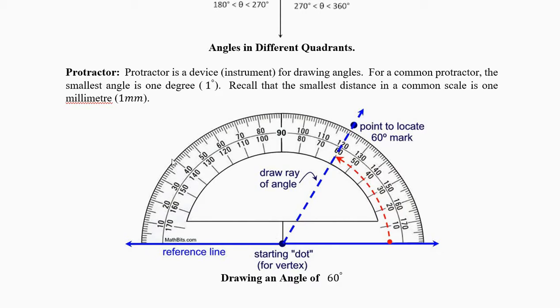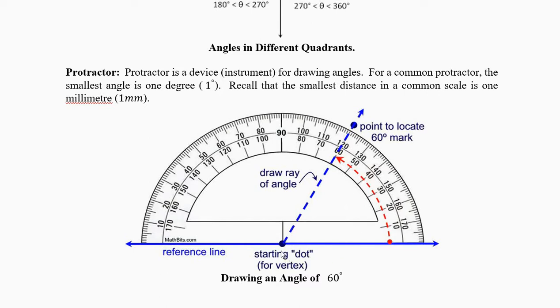If it is here, it will be 140 degrees and not 40. And when you add these two numbers, you will get 180 degrees. 60 plus 120 is 180. 80 plus 100 is 180. 10 plus 170 is 180. 0 plus 180 is 180. So you have to learn how to use the protractor. Many people make mistakes in their scientific drawings.